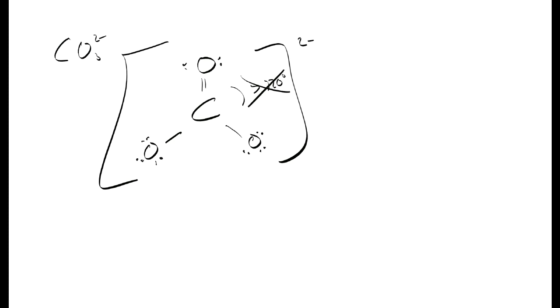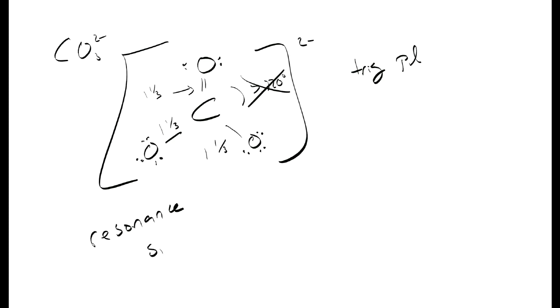It is not, that bond angle is 120 degrees, because all of these are 1 1/3 bonds. The bonds are all exactly the same, so they all take up the same amount of space. And as a result, this is a nice, highly symmetrical trigonal planar molecule. So there would be no polarity there. That's what resonance does for you.